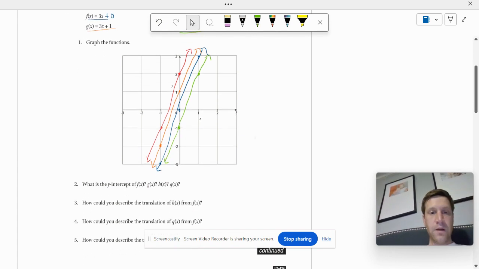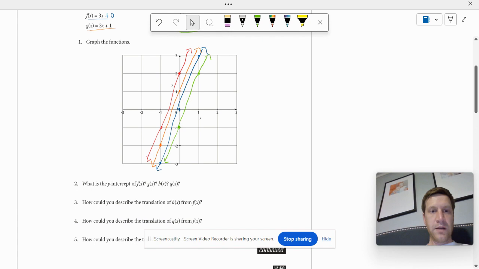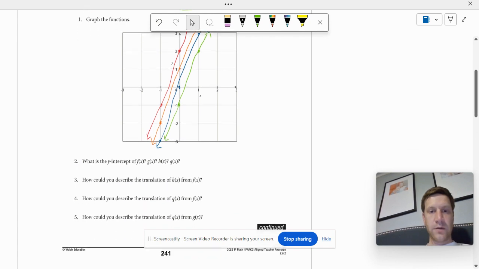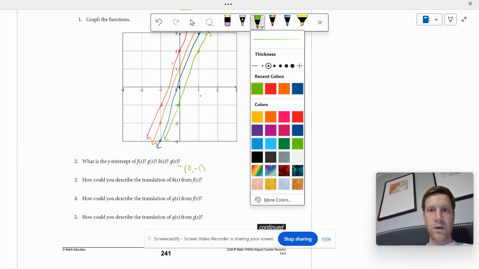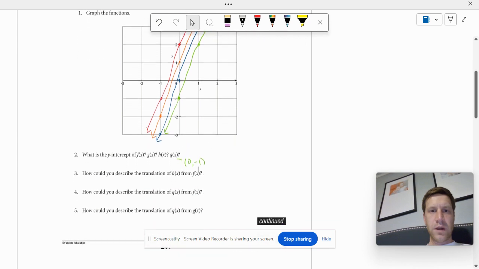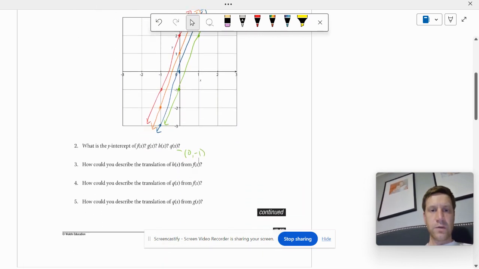Okay. So let's find the y-intercept of each. I'll do these in order, or color-coded. So q of x was the last one. That was 0, negative 1. Red was h of x. That was 0, 2.